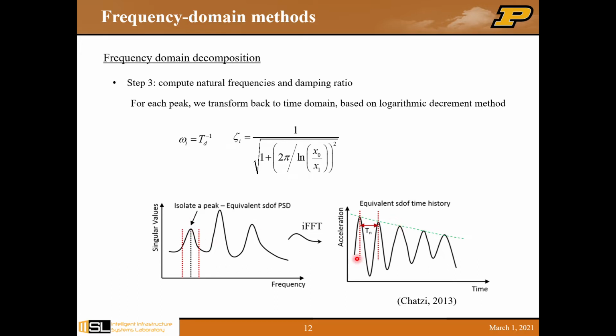Here, we can equivalently obtain the free vibration of the single degree of freedom system. By using the logarithmic decrement method, we can obtain both the natural frequency, which is equal to the inverse of the T_d here, and also the damping ratio.